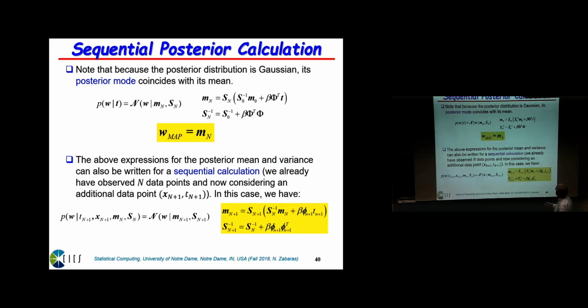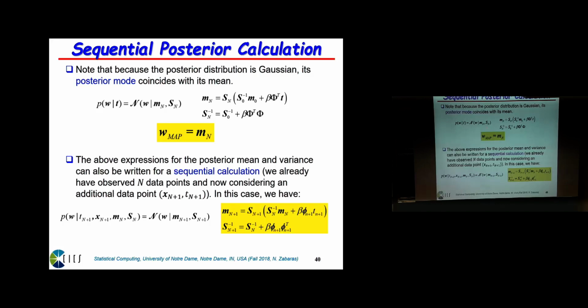It's a good exercise. And the nice thing is, this estimate of the posterior, you can also do it sequentially, right? Because the Bayesian inference is sequential. You can update the parameters mu n and Sn one data point at a time.